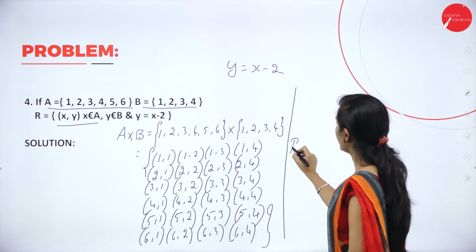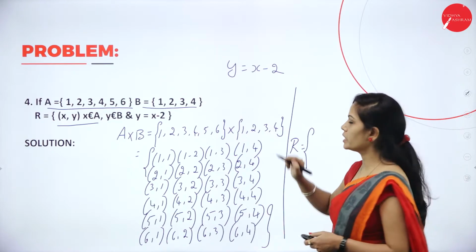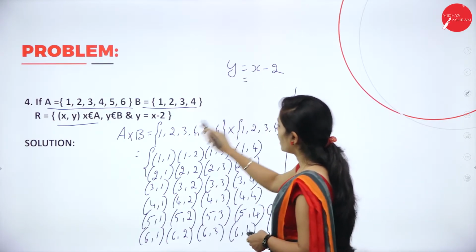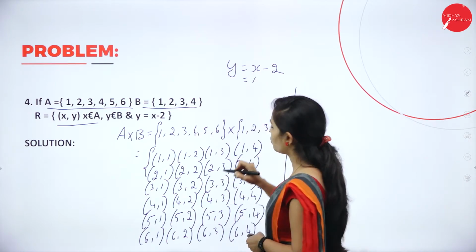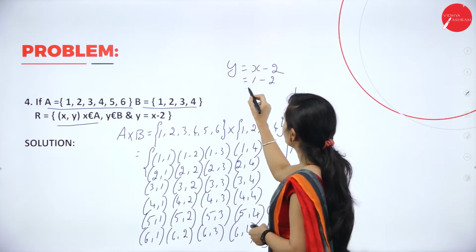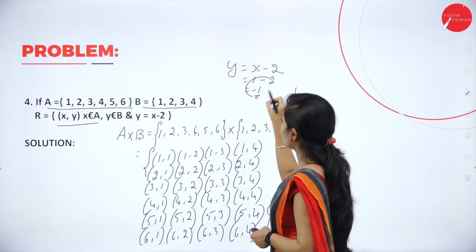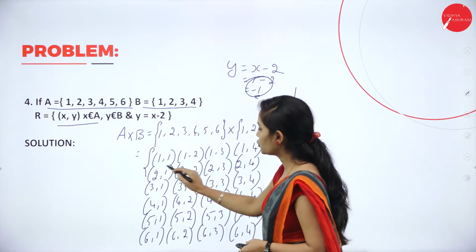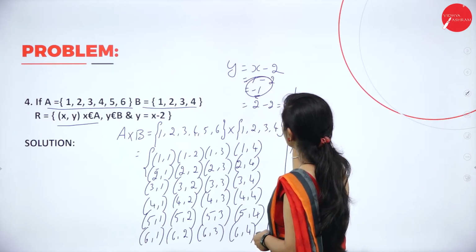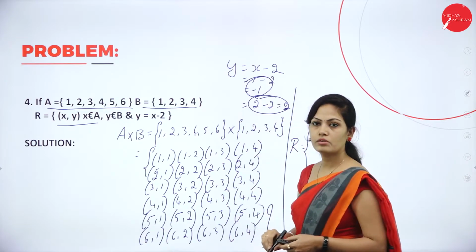And now find R. So your question is y is equal to x minus 2. So here I will put x is equal to 1 and minus 2. What will you get? You will get a negative value. So this is wrong. If x value is 2, 2 minus 2 is equal to 0. That is wrong.